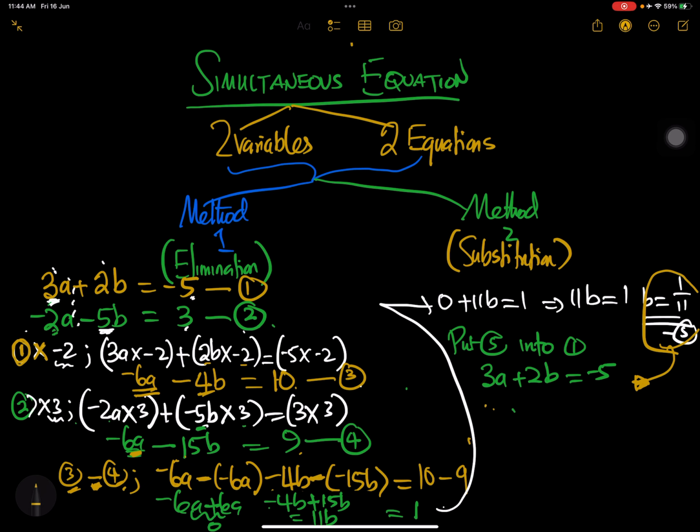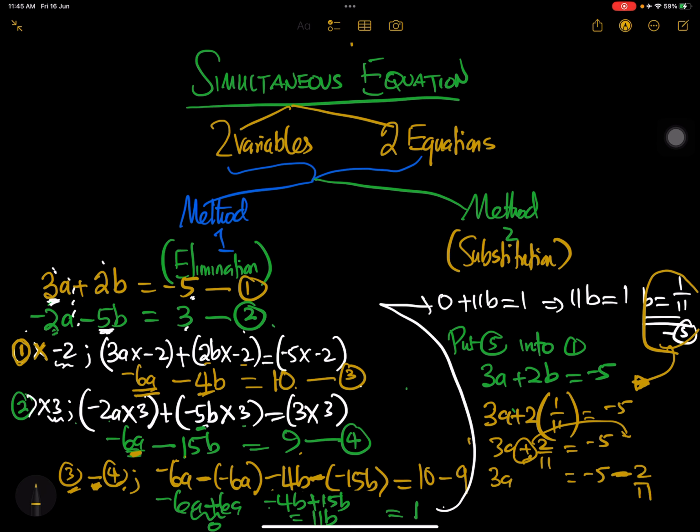To do that, we're going to get 3a plus 2, where the b there is 1 over 11, is equal to negative 5. So we get 3a plus 2 over 11 is equal to negative 5. Now we want a, so 3a will be here, equal to negative 5. This comes here, the sign changes, to negative 2 over 11.